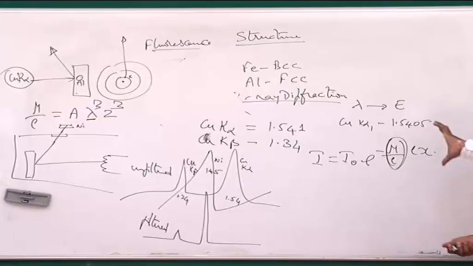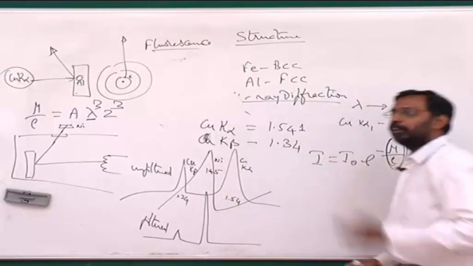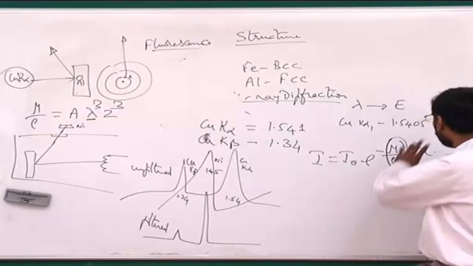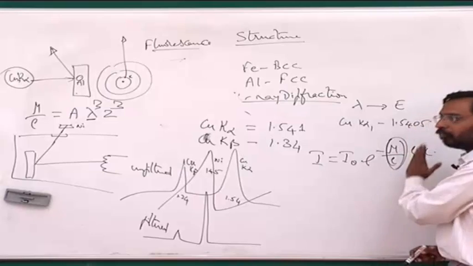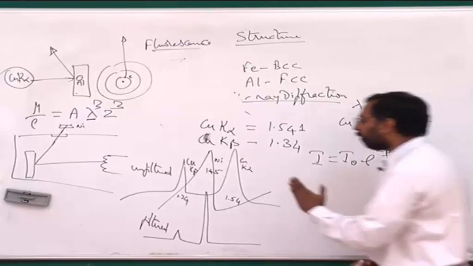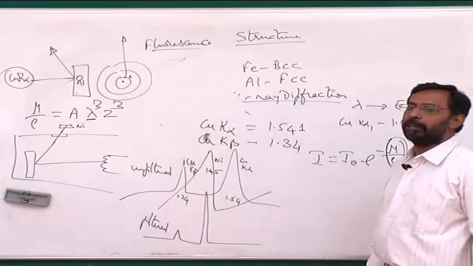So if I use a thicker filter, more energy is lost. But at the same time, if I use a thicker filter, even some copper K alpha will be lost. So I do not want to use too thick a filter, but at the same time, my choice of the filter should be such that the lambda falls exactly between the K alpha and K beta.